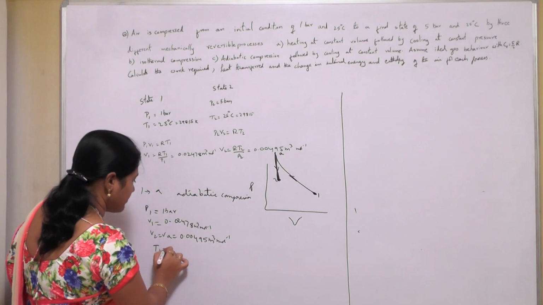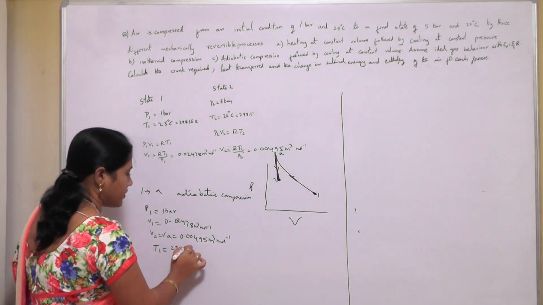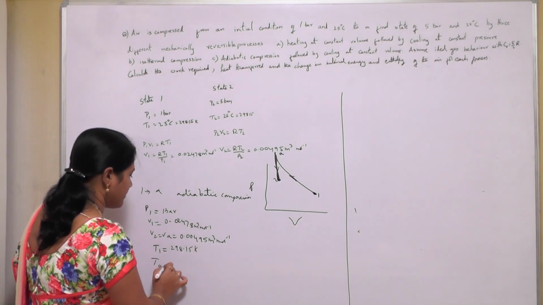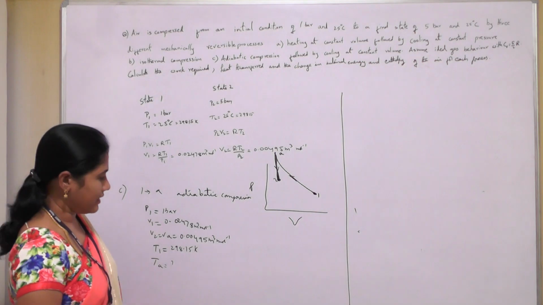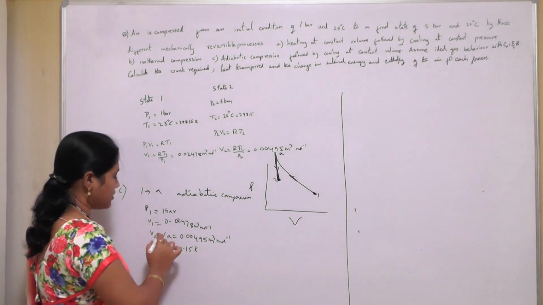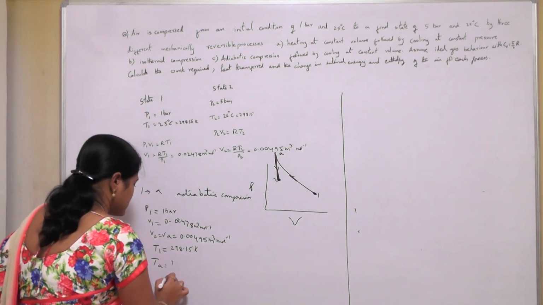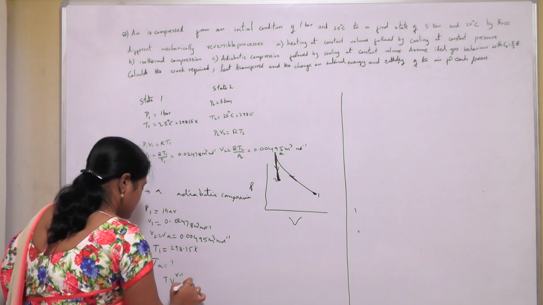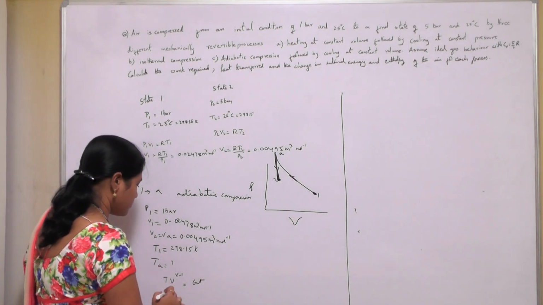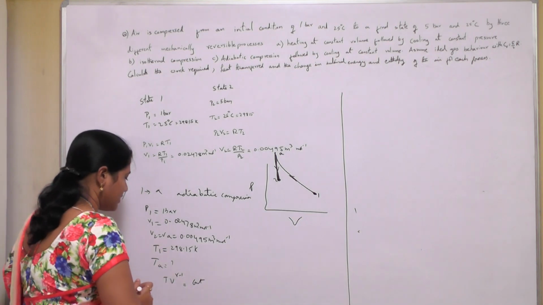And we know the temperature T1 equals 298.15 Kelvin. But TA, we don't know the TA value. We have to calculate TA. For adiabatic compression, we have a relation between temperature and volume, that is T V^(gamma minus 1) equals constant. With the help of this relation we calculate TA.